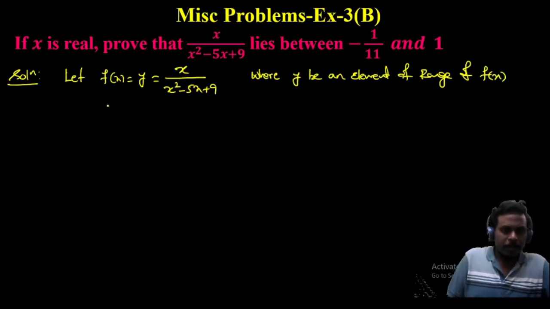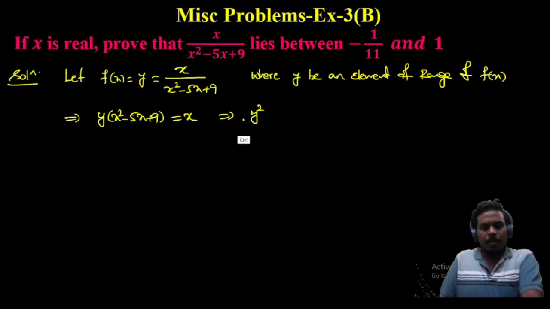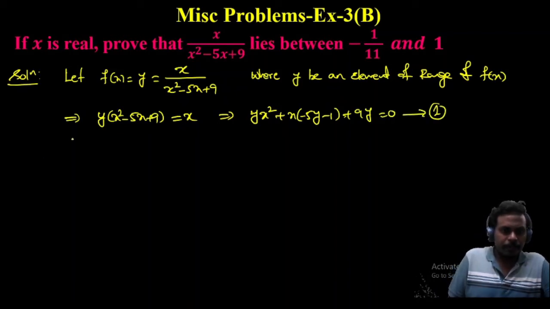Okay, if you rewrite this expression, we get y into (x square minus 5x plus 9) is equal to x. If we rearrange the terms, I get y into x square plus x into (minus 5y minus 1) plus 9y is equal to 0. We call it equation 1.